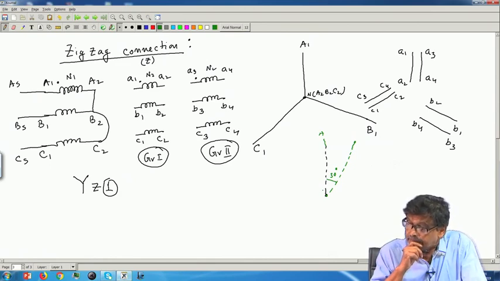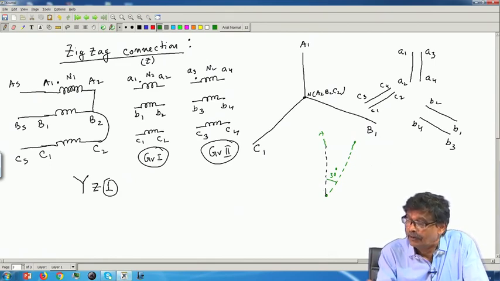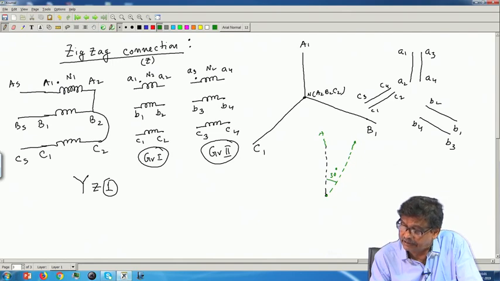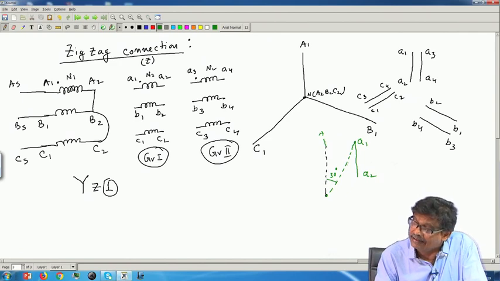See, this was A1. This phasor can be realized by bringing this A1 A2 here, and then you can easily see this phasor is parallel to C phase.